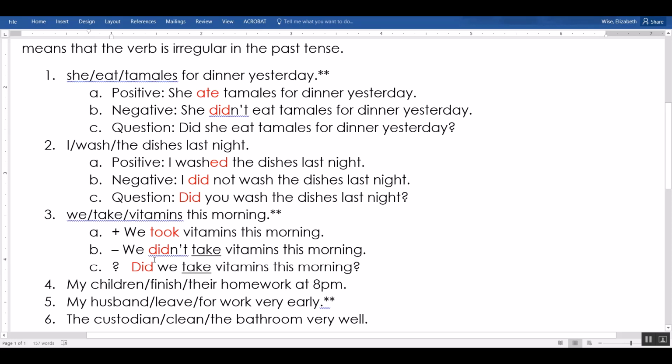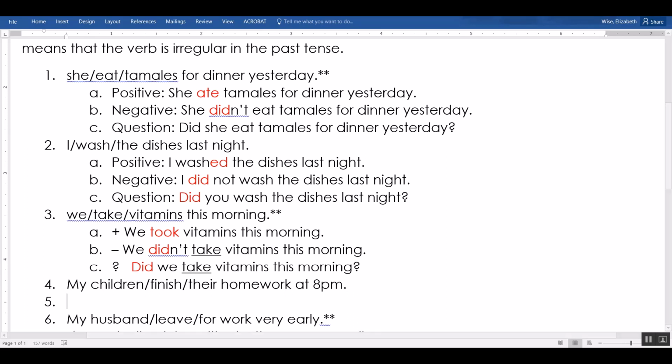All right. My children, do positive. My children finished, so you write ed, but you say a T sound, their homework at 8 p.m. There's our past tense. It's regular.